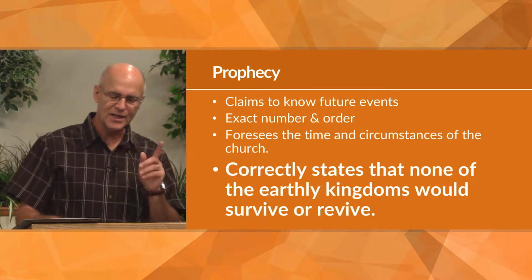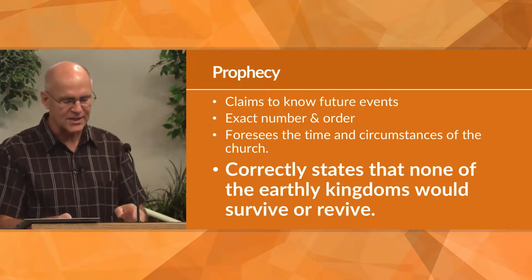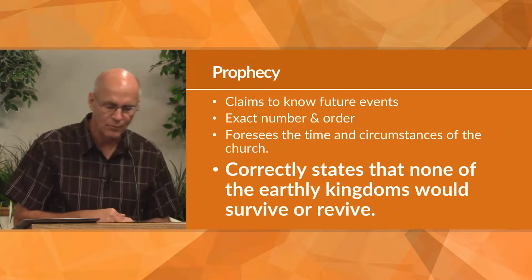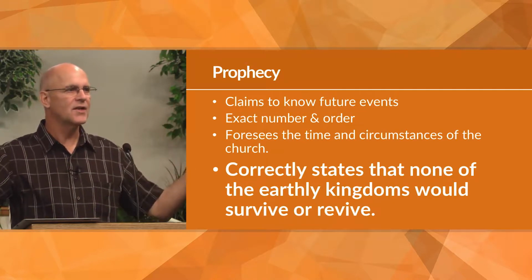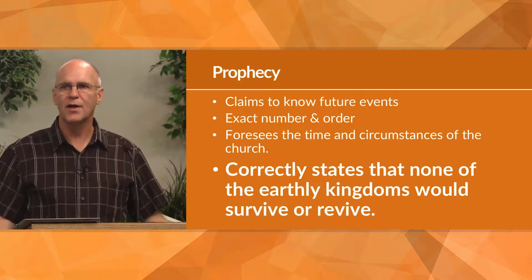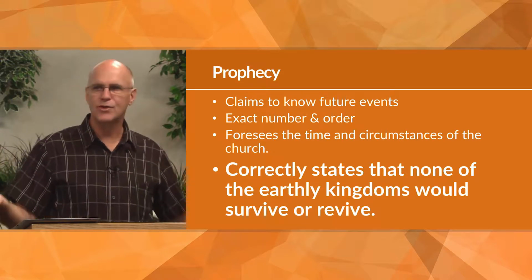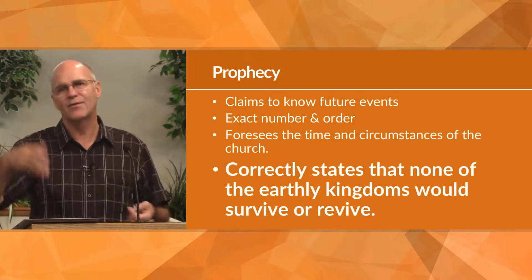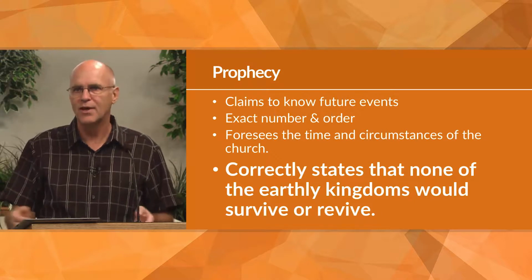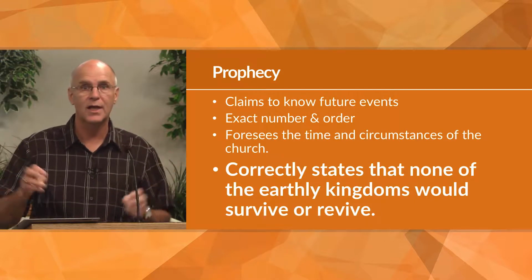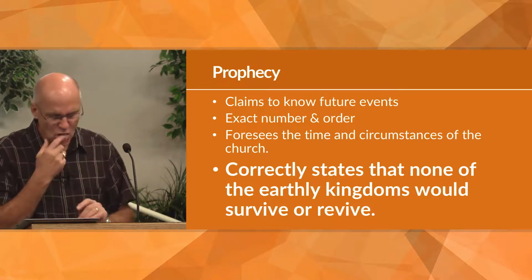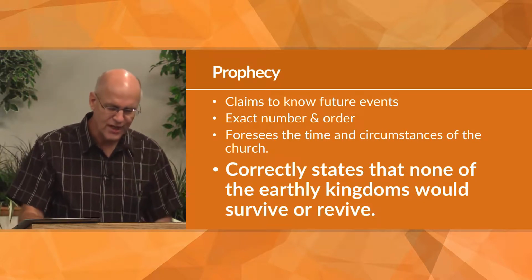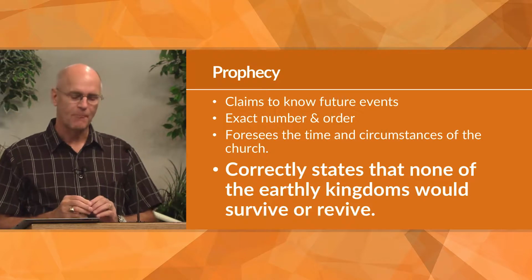He even correctly interprets the idea that some of these kingdoms would never revive. They were all blown into dust. There's no Babylon anymore, there's no Medo-Persia anymore. Rome, yeah, there's Italy and Rome, but would anybody think that Italy is a world power today? I don't think so.